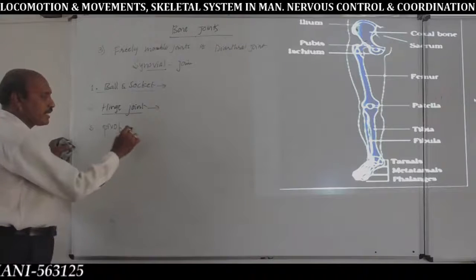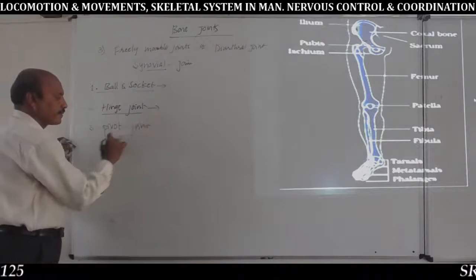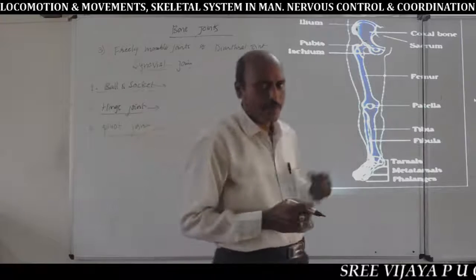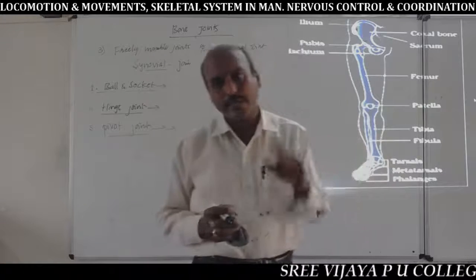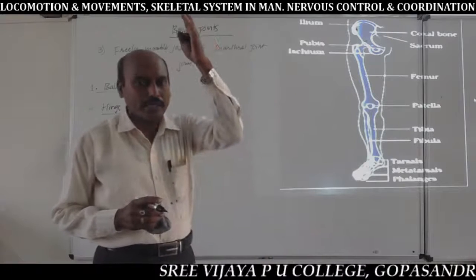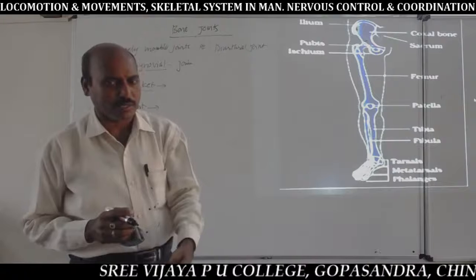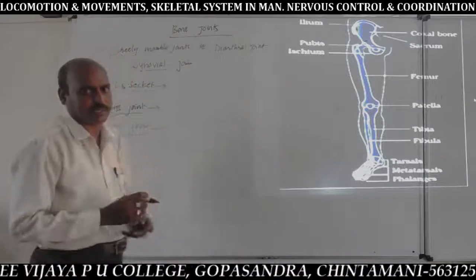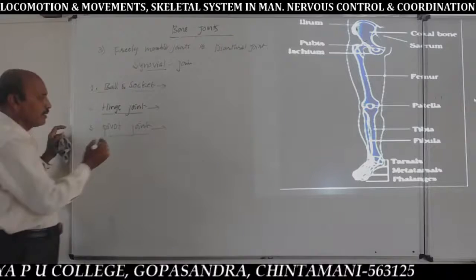P-I-V-O-T, pivot joint. Say, in this type of joint, movement is present in one plane, very important, that is in vertical axis, never in transverse axis, so in vertical axis. You should remember this statement.